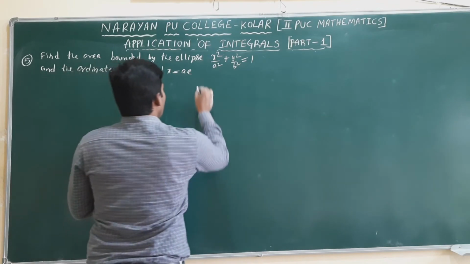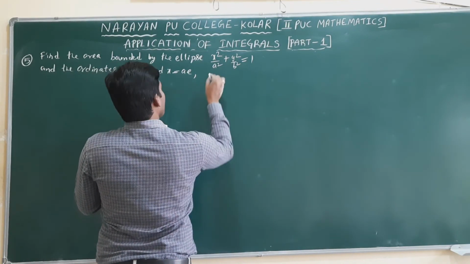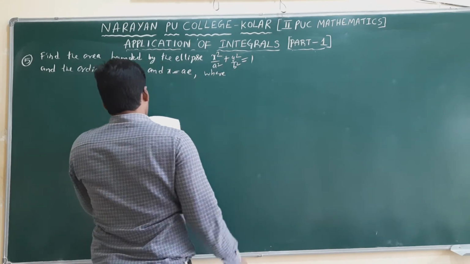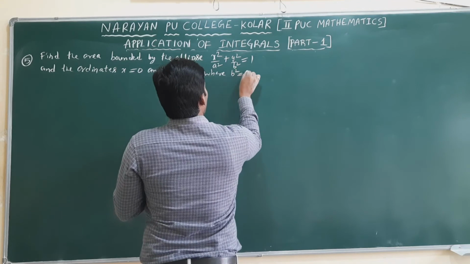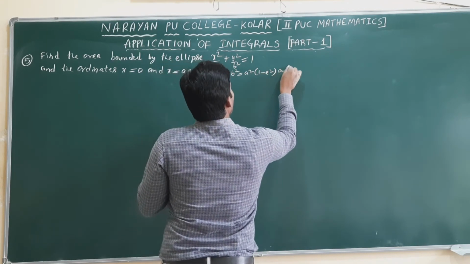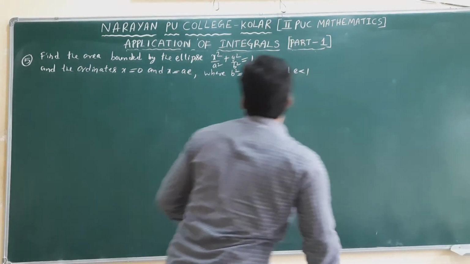E is called the eccentricity, whose value for an ellipse lies between 0 and 1. B square equals A square into 1 minus E square, and E is less than 1.